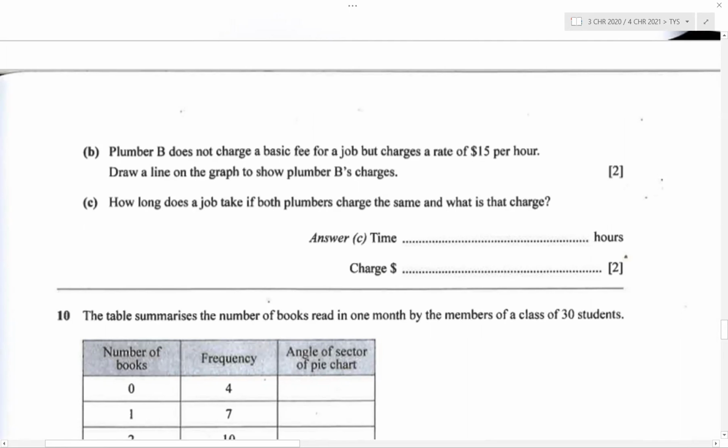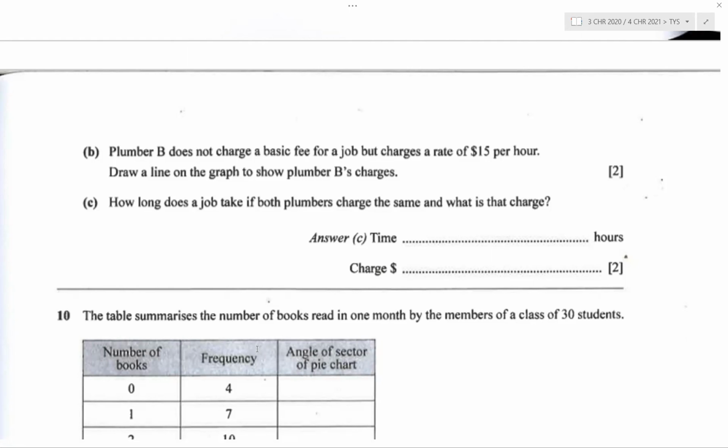Who will you choose? Will you choose plumber A, who is charging you $20 for the first hour, but every additional hour charges $12? Or will you go for plumber B, who charges $15 per hour? How are you going to make your decision?